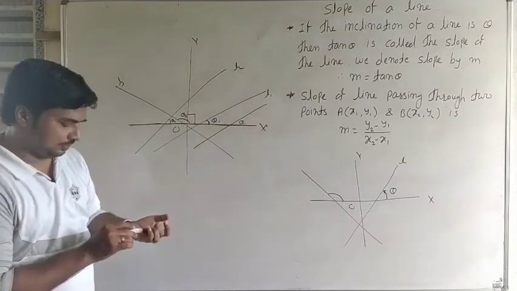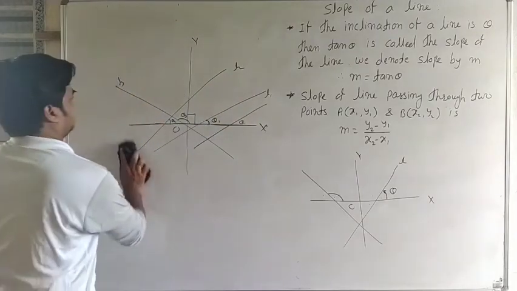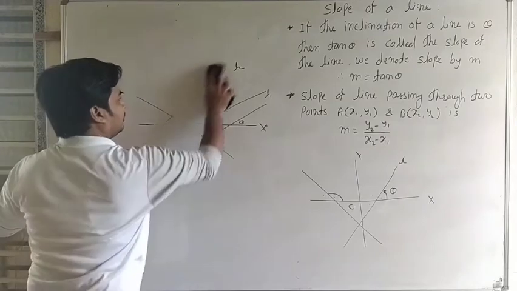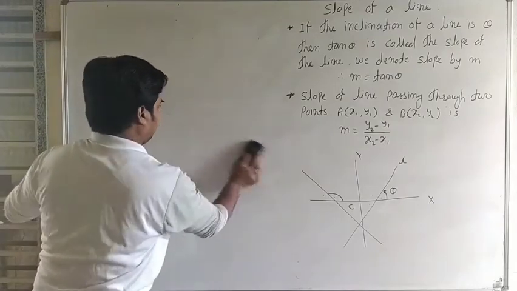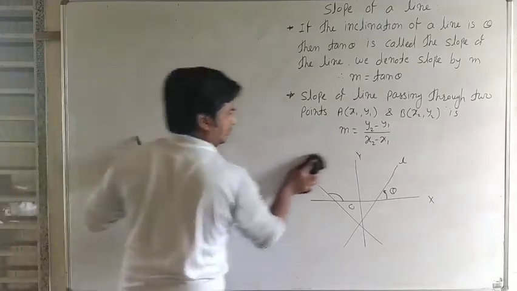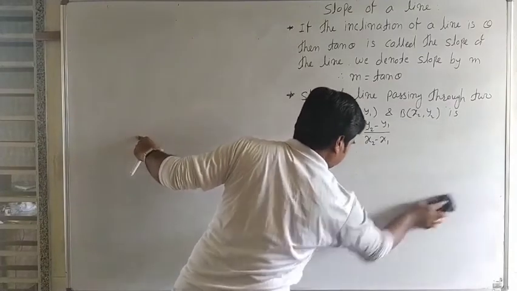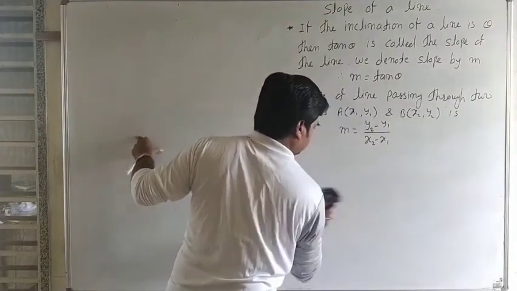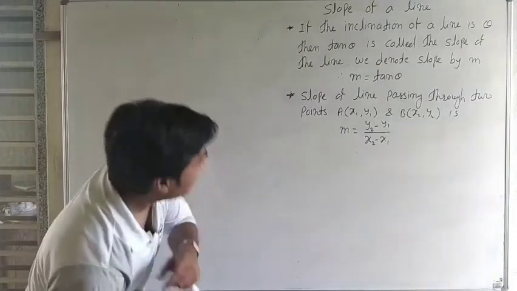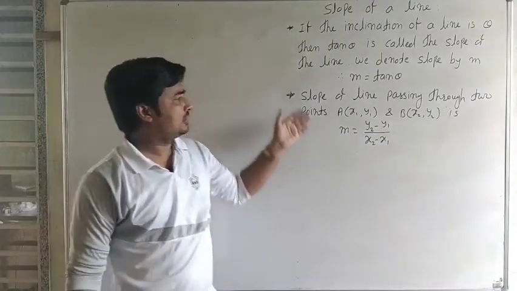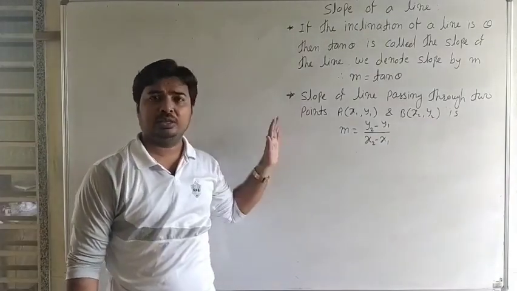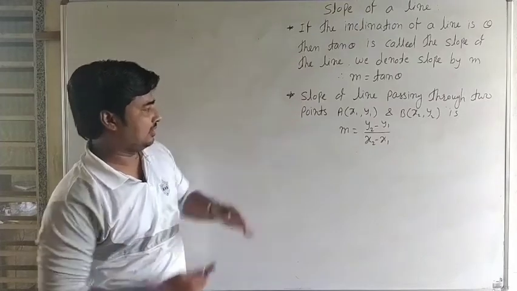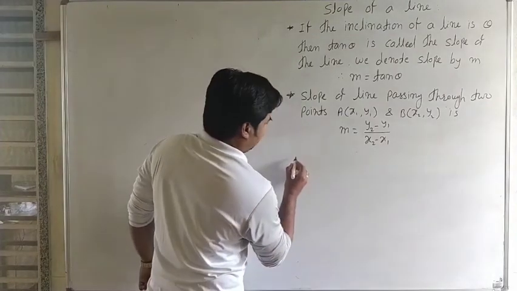Okay, now here these are the two methods for finding the slope of the line. Here, okay, now we can write the third method.